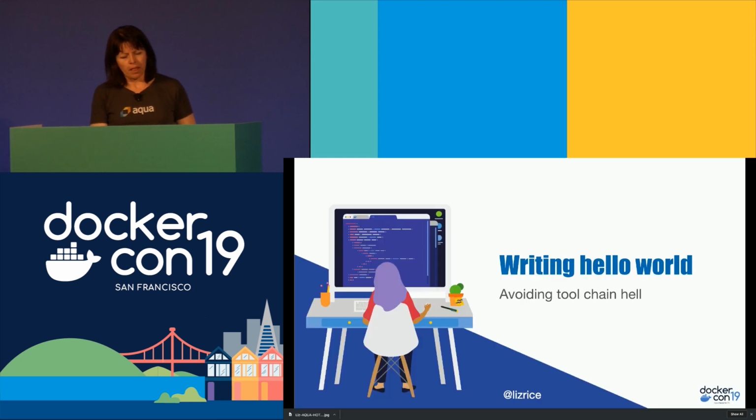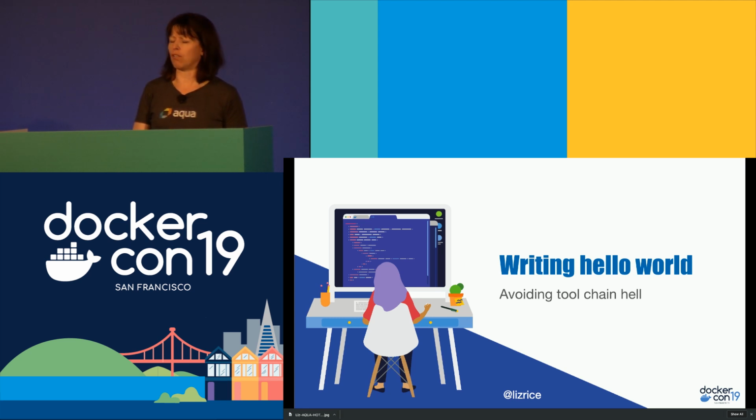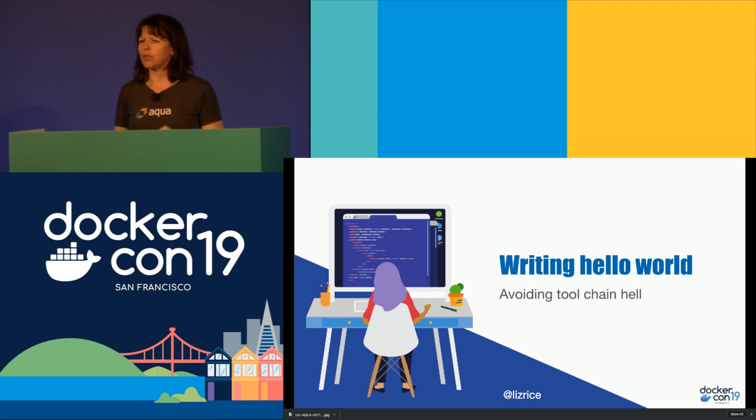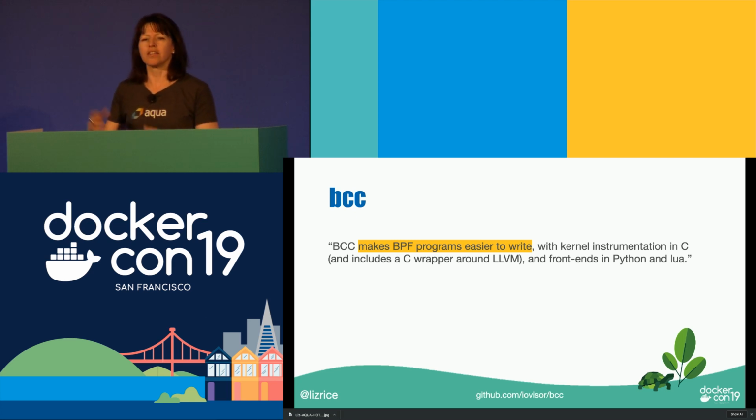Okay, so I want to write hello world in BPF. How do I go about doing that? I'm going to have to write some C code, and one thing that I do remember from my days of writing C is how painful it can be to install compilers and toolchains. So that's kind of scary, but fortunately, there is a project called BCC that takes away the pain of that.